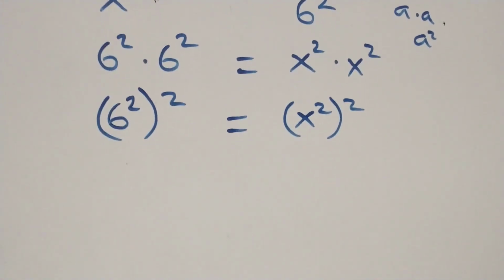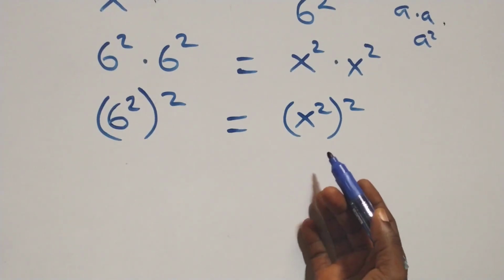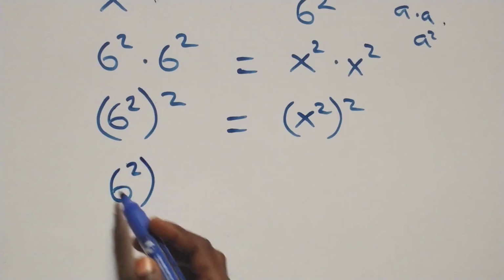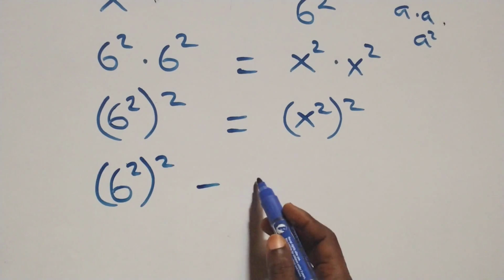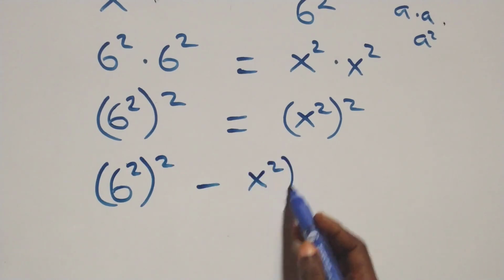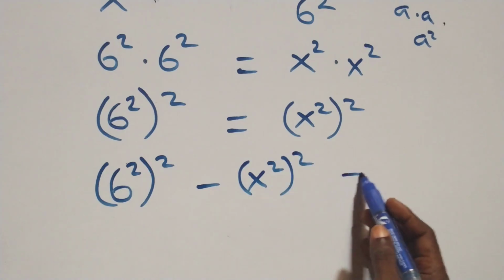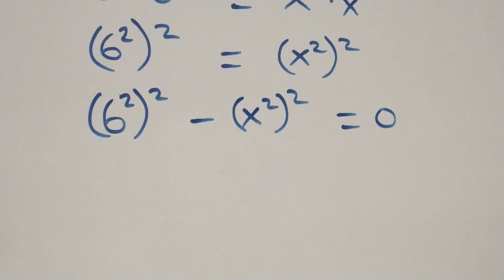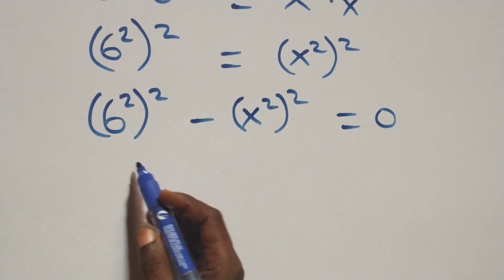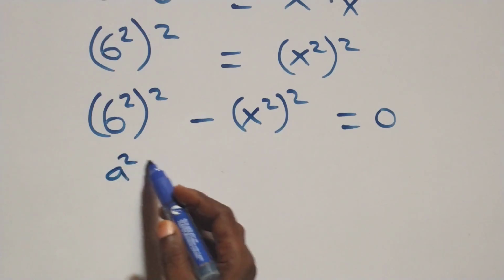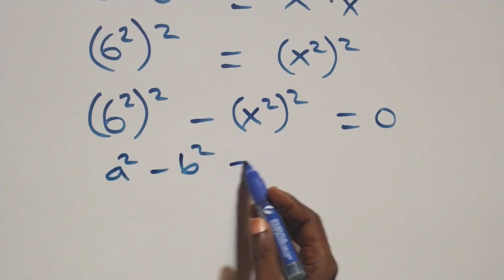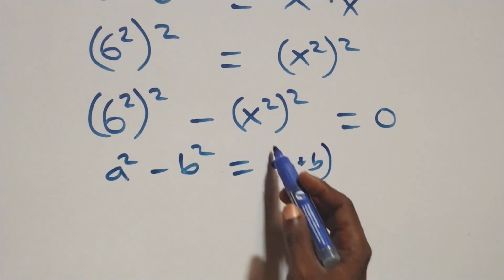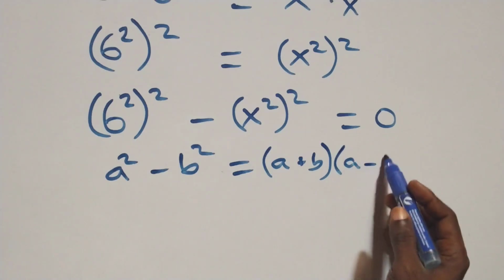The next step here, we take the right hand side to the left hand side, and what we have becomes 6 squared all squared minus x squared all squared, then equals to 0 from here. Then from here, this follows difference of two squares. When we have a squared minus b squared, which can be written as a plus b into brackets, then open bracket a minus b.